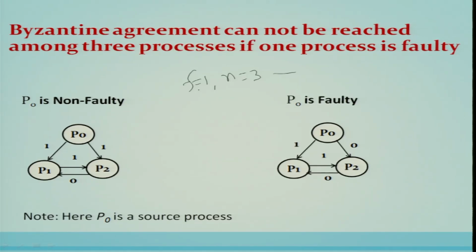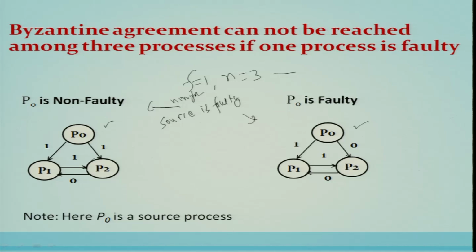Here P0 is faulty, and here P0 is faulty. So that means P0 is the source. If the source is faulty in this case, and the source is non-faulty in the other case, so the source is non-faulty, but some other process is faulty.